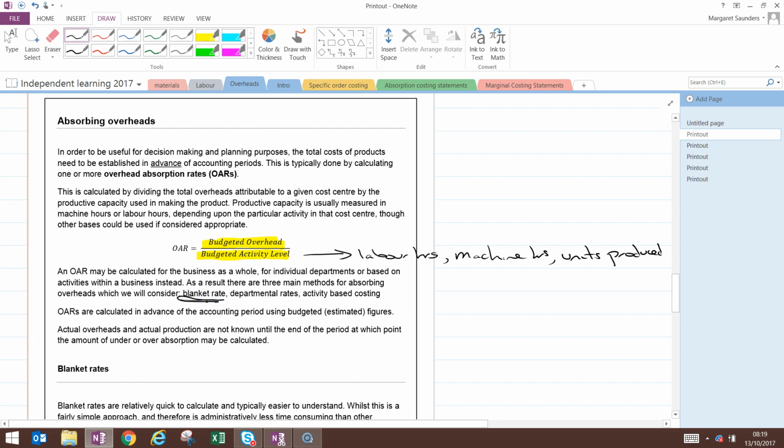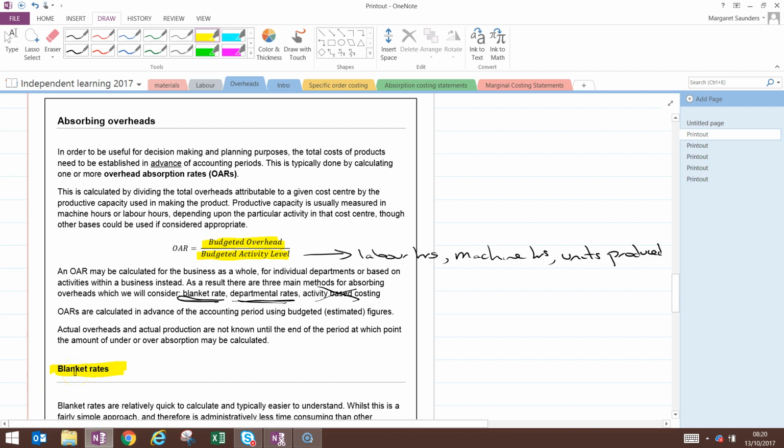If we calculate them for departments, they're referred to as departmental rates. There is then another method of calculating overhead absorption rates, which is activity-based costing. We're not going to look at that one. So we're just going to look at blanket rates and departmental rates. So let's start with blanket rates.